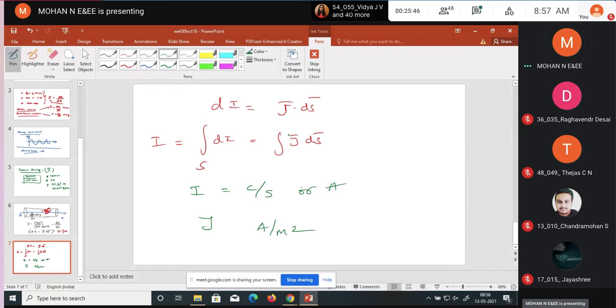So what do we have to make out from this discussion? The movement of charges constitutes current, and we have to find the amount of current flow in a given medium.